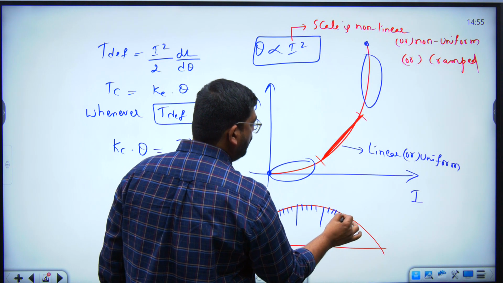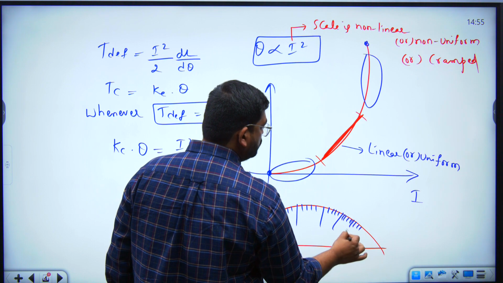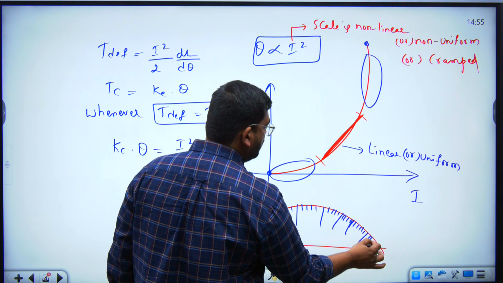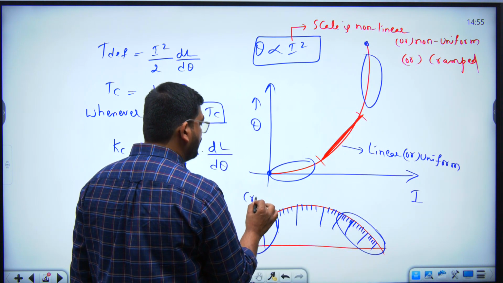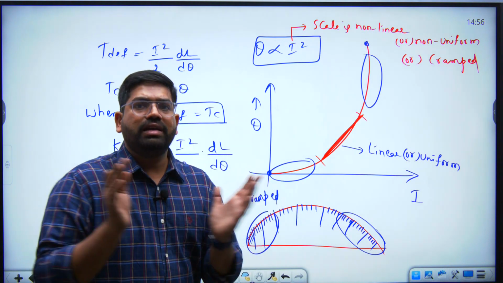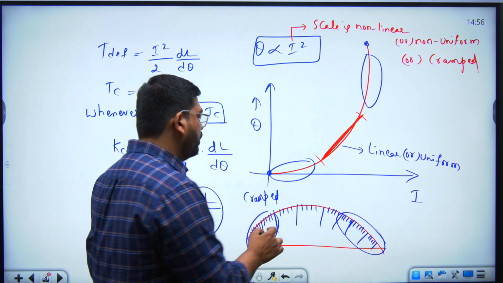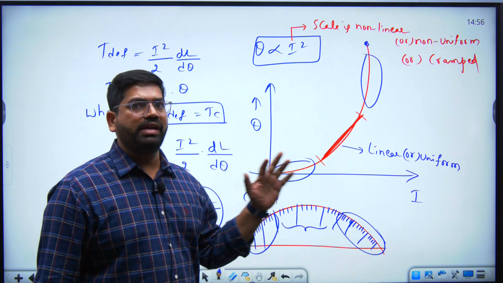Again at the end it is crowded, meaning non-uniform distribution. So it is really difficult to recognize at the starting and ending, which have cramped nature, overcrowded, values very near to each other, but only in the mid range you can have uniform or linear behavior.